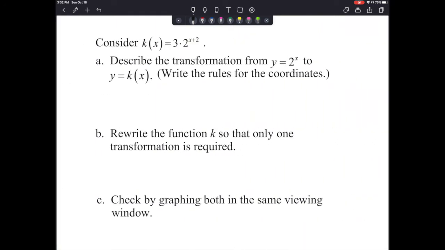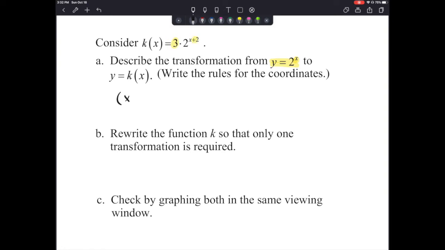So it says, consider k of x equals 3 times 2 to the power of x plus 2. Describe the transformation from y equals 2 to the power of x to y equals k of x. In other words, write the rules for the coordinates. If we're thinking about y equals 2 to the power of x as the parent function, we're asking what's happening with our 3 and our plus 2.